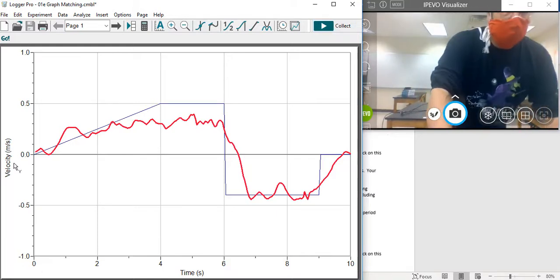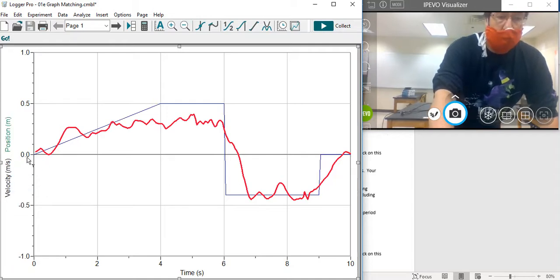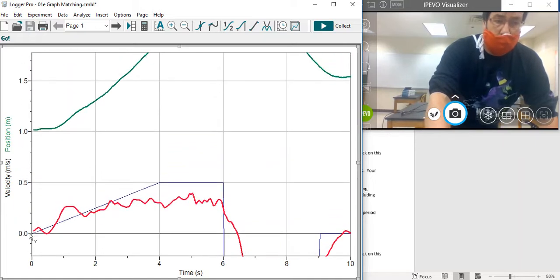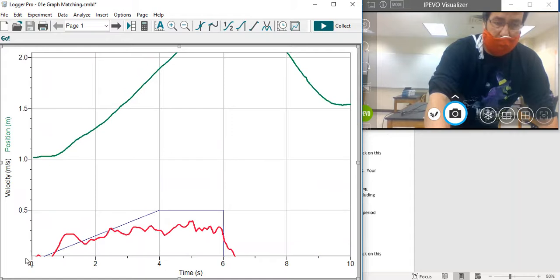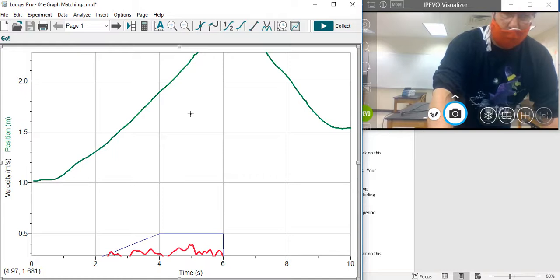But I do want to show you what the position time graph looks like. So one of these all of the above situations. Okay, so what we should have been seeing, and unfortunately it's not very noticeable, this should be curving upwards a little more gradually here.